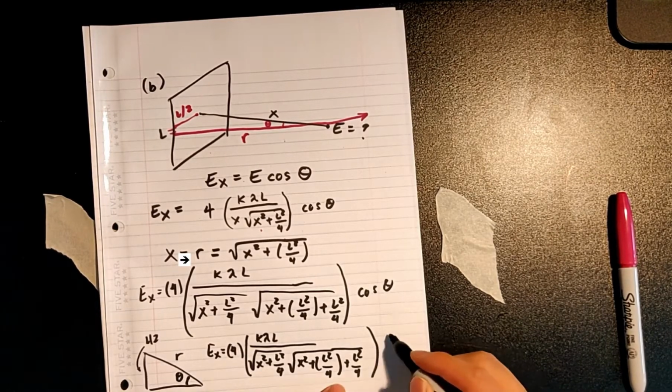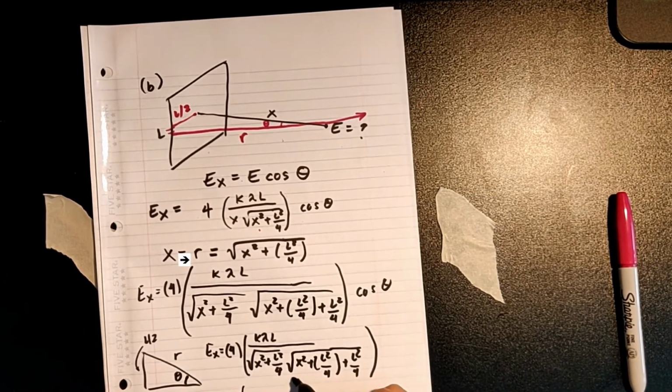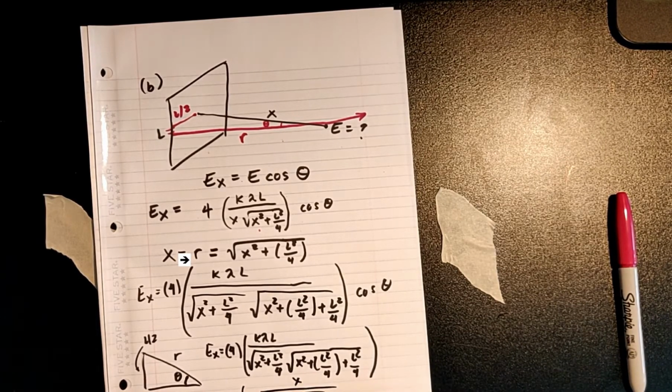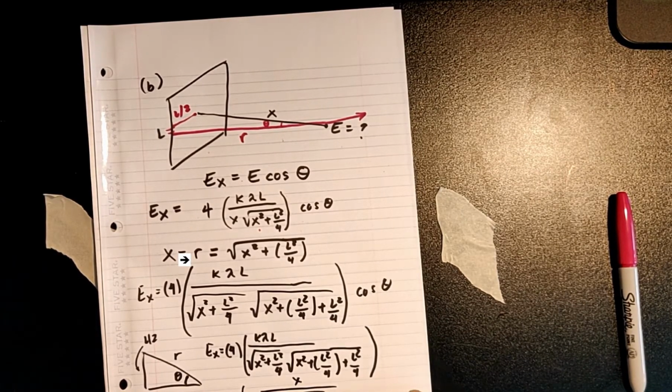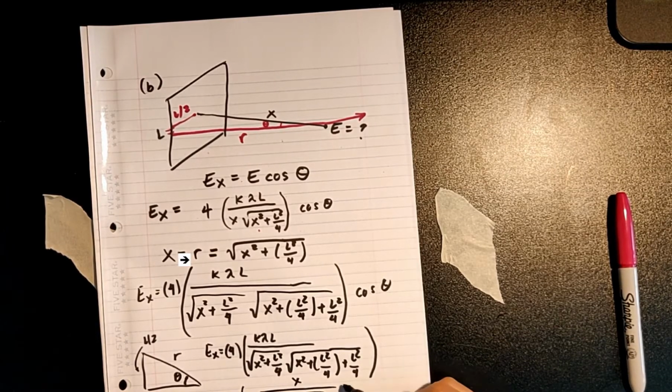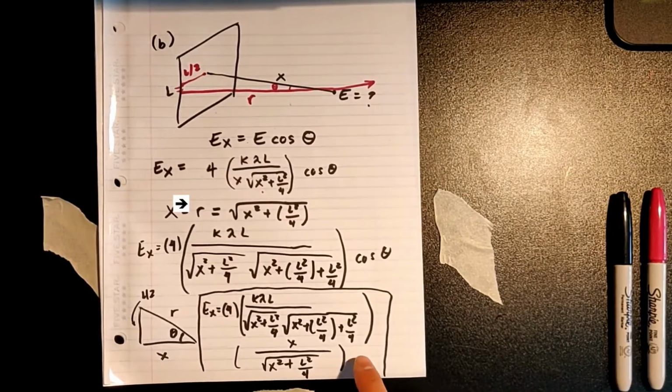So times, I'm running out of space, x over the square root of x squared plus L squared over 4. So this will be our answer for part B.